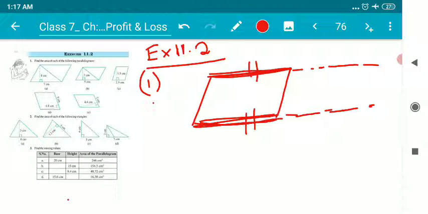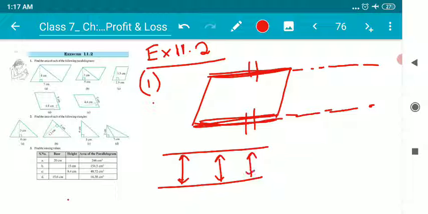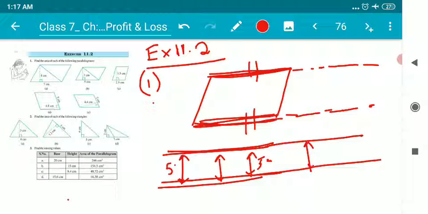Another way to express it: the meaning of the word parallel is that the lines are equidistant from each other at every point. The perpendicular distance between these two lines is always the same. So if this gap is 5 centimeter, here it is also 5 centimeter. If I extend it, they will also be 5 centimeter only.